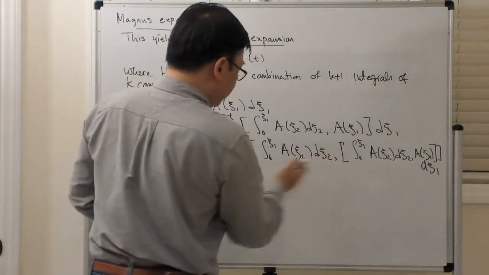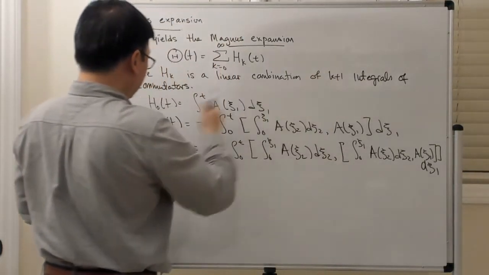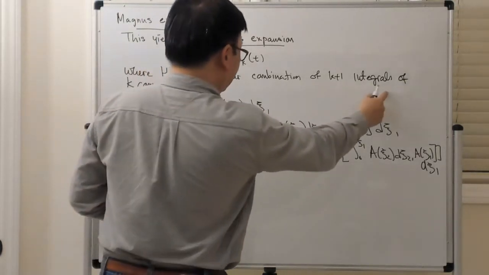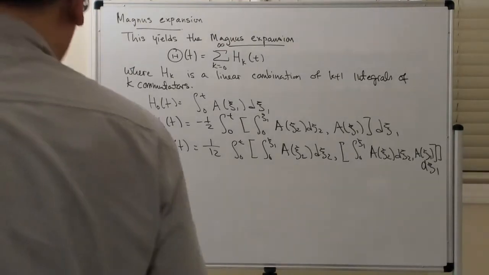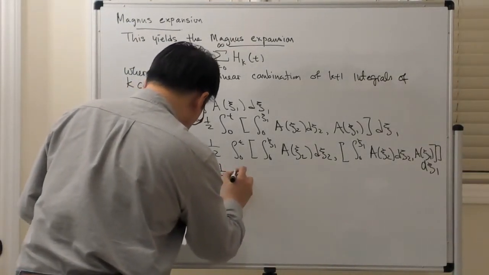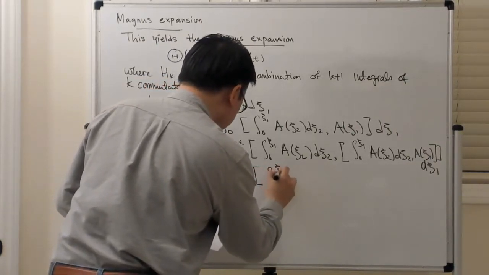This term has three integrals and two commutators, which is again of the form we talked about, that the h_k term has k plus 1 integrals of k commutators.